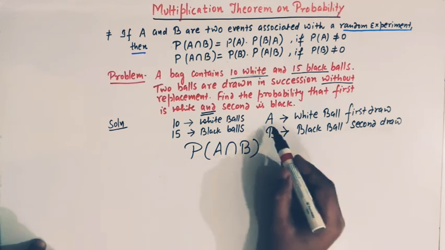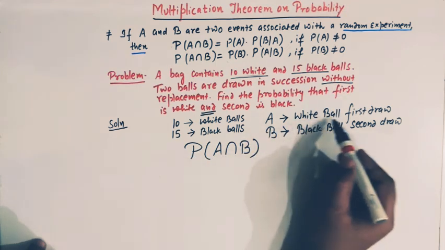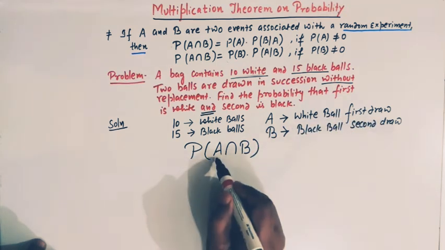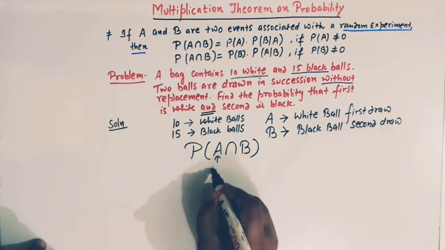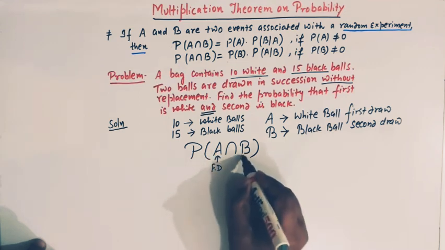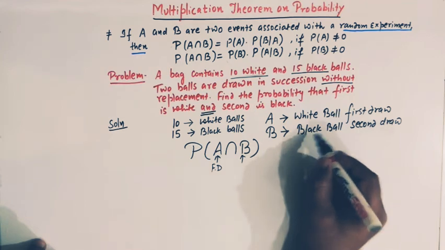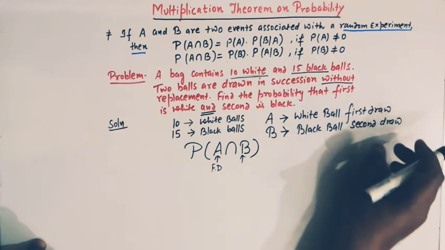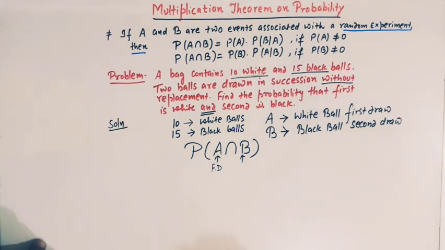It means the probability of getting a white ball in the first draw, and B is the event when we get a black ball in the second draw.